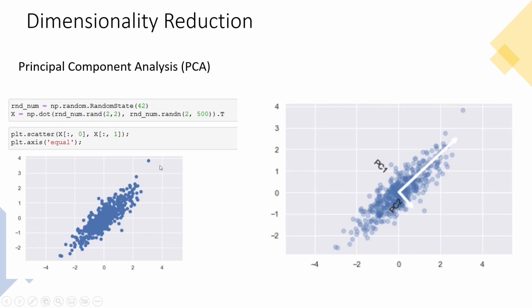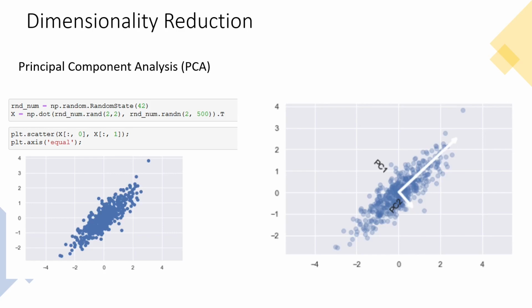And the first principal component you can imagine as the best line passing through all these points, because it's representing most of the data. And the second principal component is the vector that's orthogonal to the first principal component. That's basically the geometrical representation of principal components.